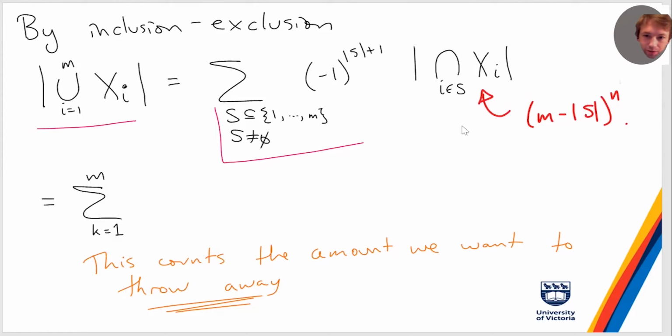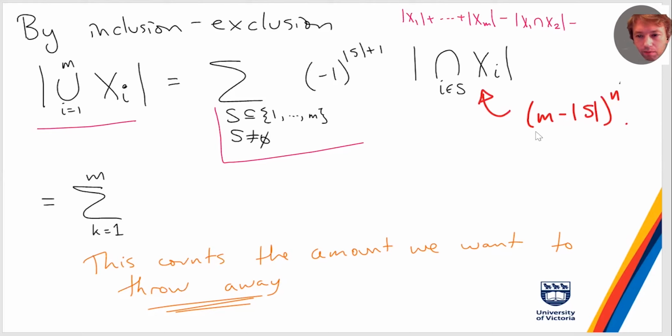Or in other words, you add up all the x_1 up to x_m. This is an easier way to think about it, right? And then you subtract the intersections of pairs of them, so minus, take every pair, then add in the three-way intersections, then subtract the four-way intersections, and keep switching between plus and minus until you get to the end.